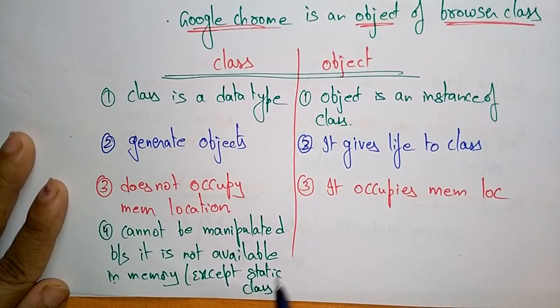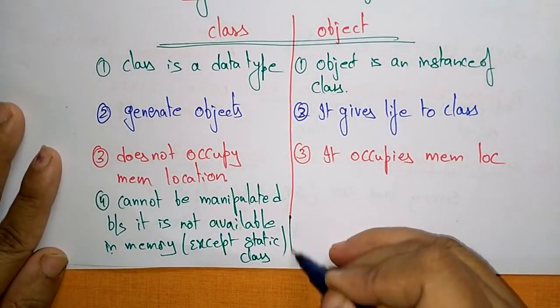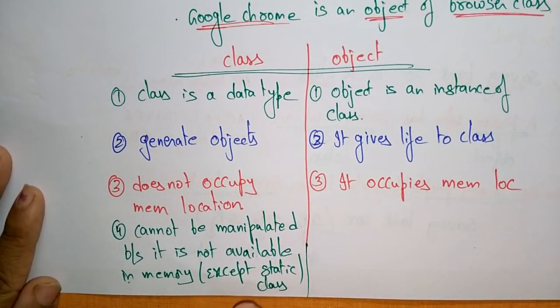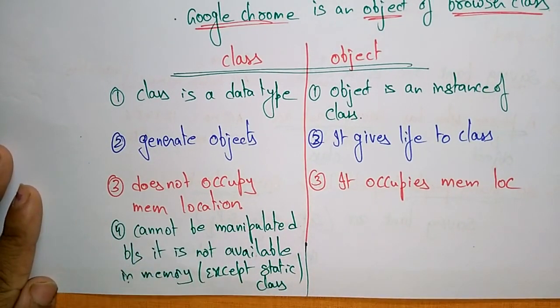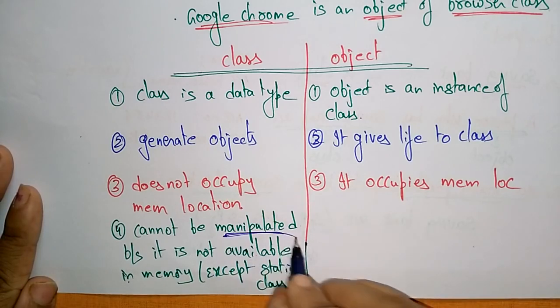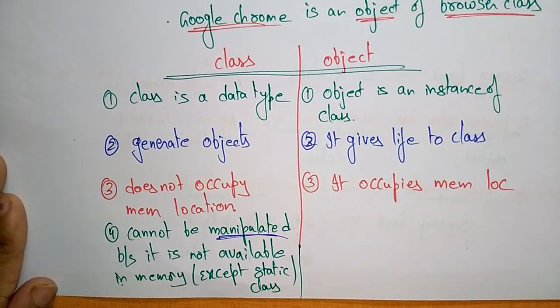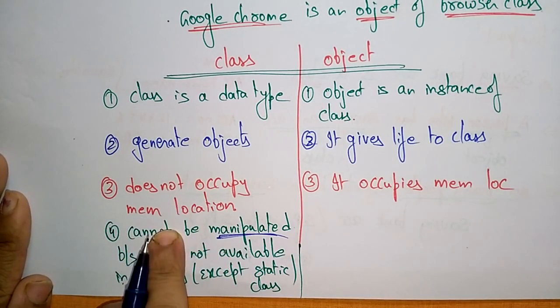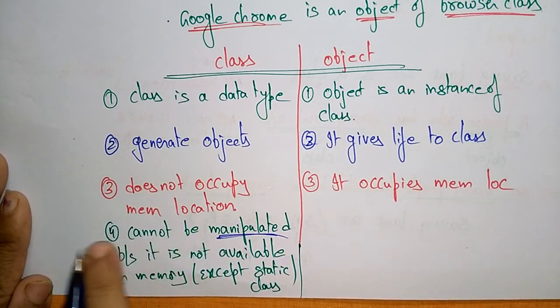I said in the car example, if you don't use the object, it only works under the static class, meaning it doesn't have any features to manipulate. You can manipulate or change the program whenever that program is stored in the memory. But the class doesn't occupy any memory location, so that's why it is not available in memory. Because of that reason, it cannot be manipulated.